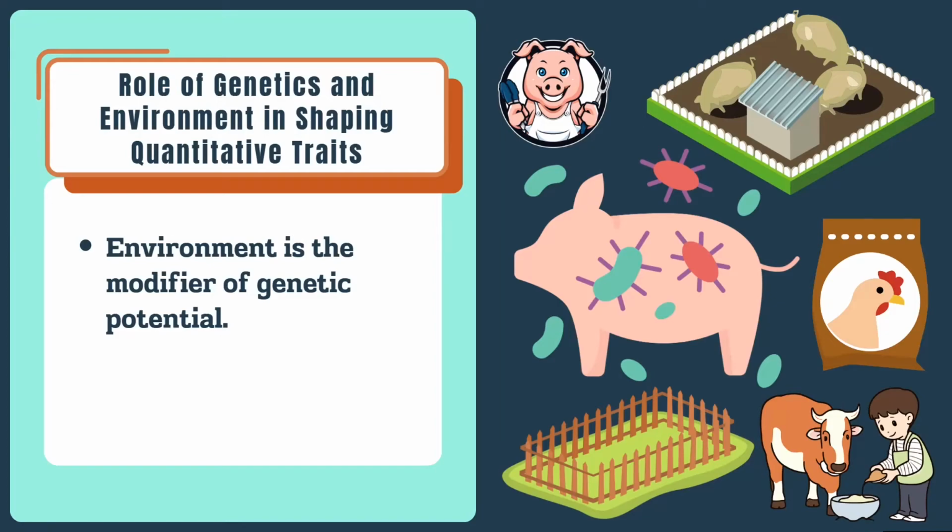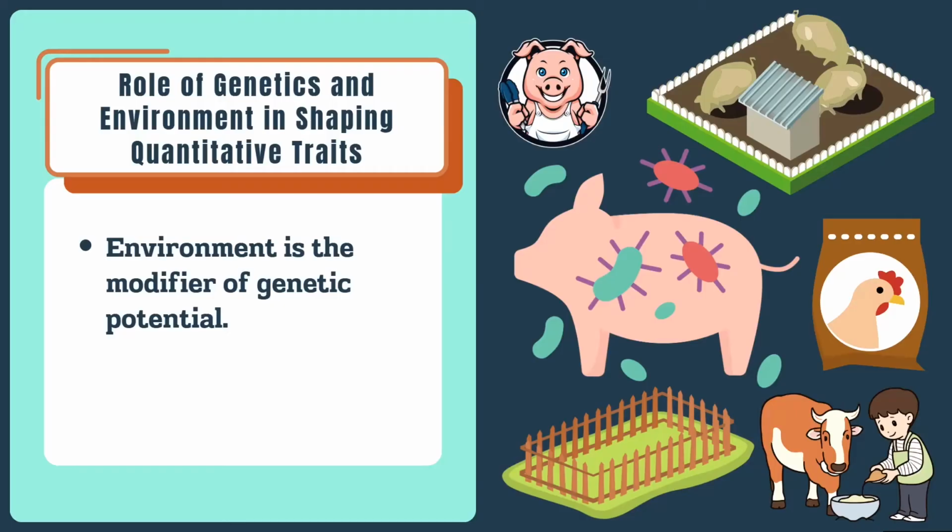When we are referring to nutrition, of course, proper feeding can make a huge difference. For instance, a pig with excellent growth genetics won't reach its potential on poor quality feed. Obviously, right?